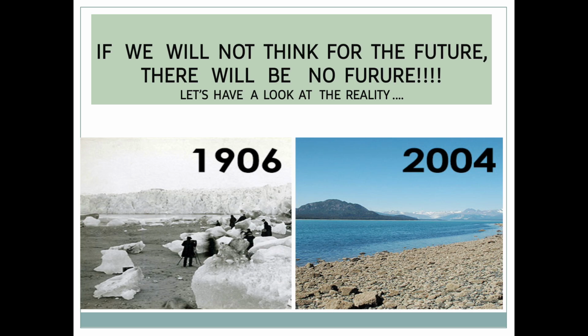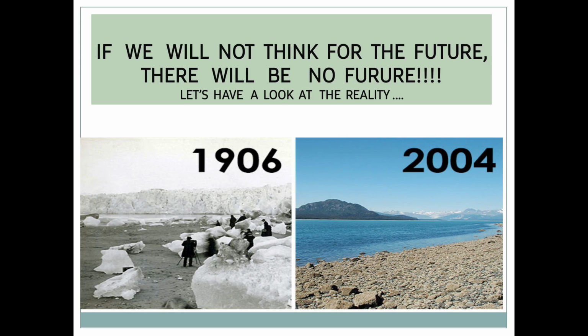Now, if we do not think for the future, what will be about the future? So the main problem will be that there will be no future. How? Let's have a look at the reality. In 1906, the place which we can see on the left side is full of ice, and people are maybe looking around and doing some scientific problem solving in the picture.